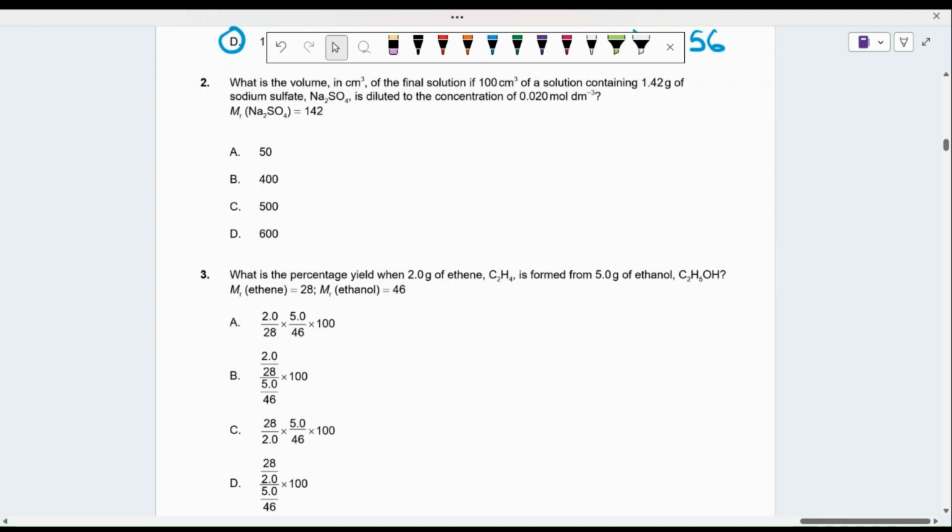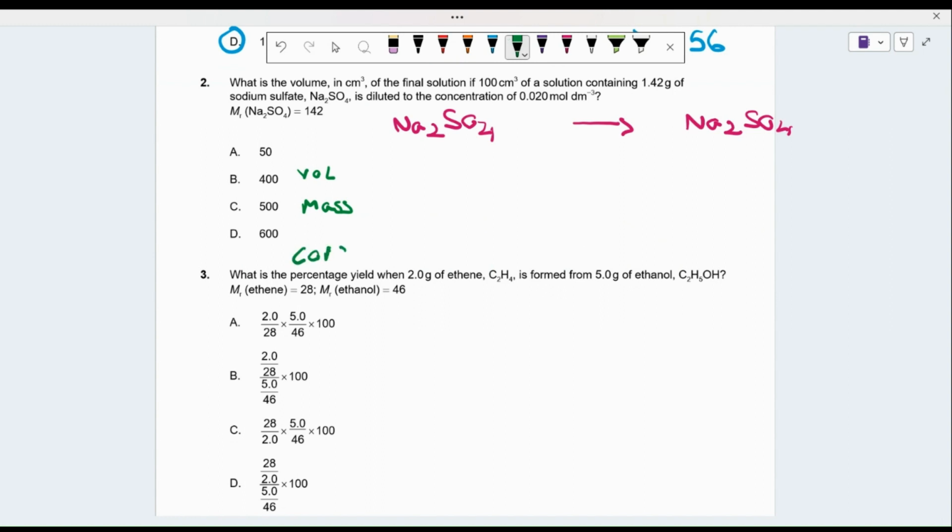Number 2. So what we've got here is Na2SO4 at the beginning and then Na2SO4 at the end. We have volume, mass, and concentration.